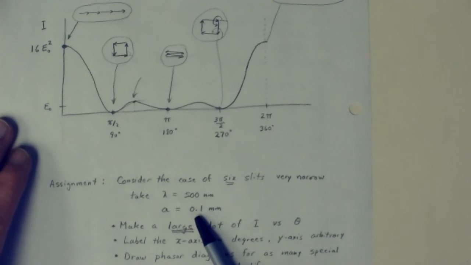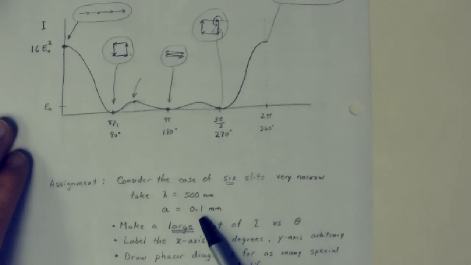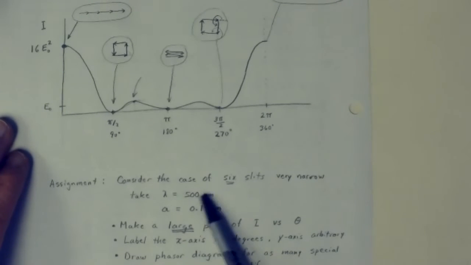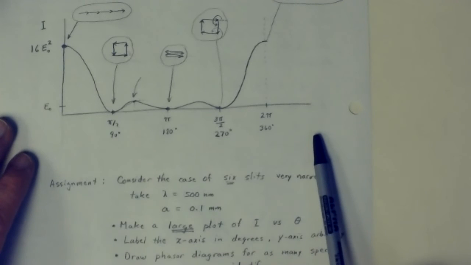You've got slits that are really closely spaced, 1/10 of a millimeter from one to the next. Those are quite close. That would be hard to construct. But just use those numbers to figure out what theta is. And then make a nice big plot like this.